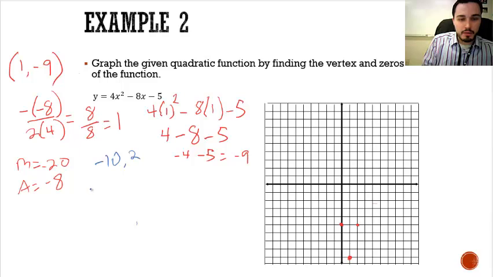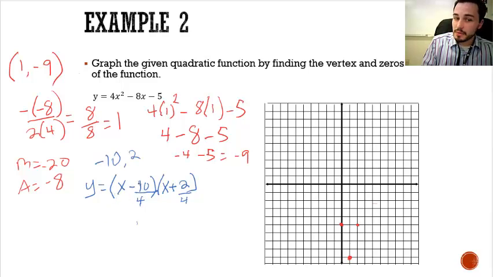So I'm going to write that out. I've got y equals x minus 10 and x plus 2. But I have to do bottoms up. I have to divide by this 4. So divide by 4, divide by 4, and both of these simplify. It doesn't divide perfectly, but they both simplify.